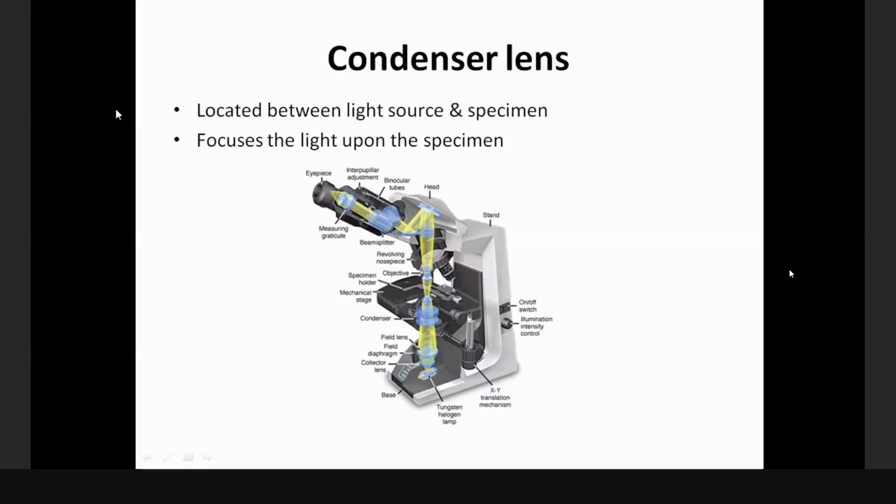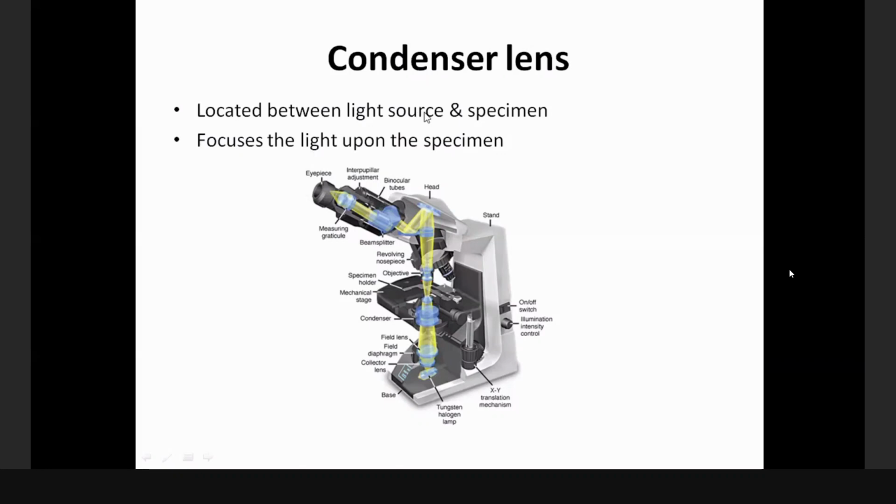The slide you prepared and stained should be put on a mechanical stage somewhere here. And from below, a light has to cross it. For this light to cross it, it has to be focused. It is like a torch. You are focusing onto the specimen. So that's the function of the condenser lens.